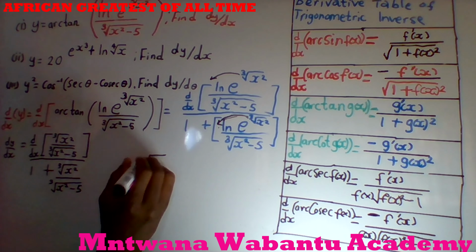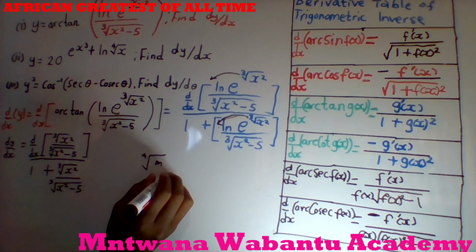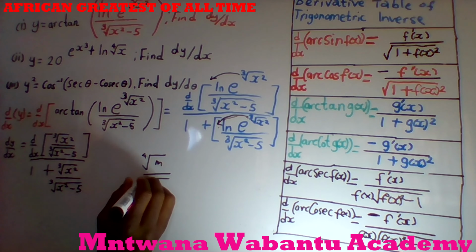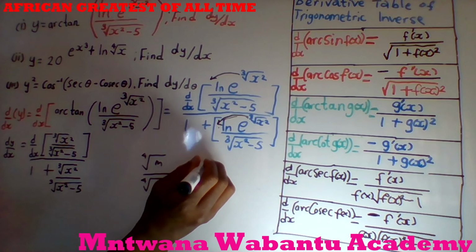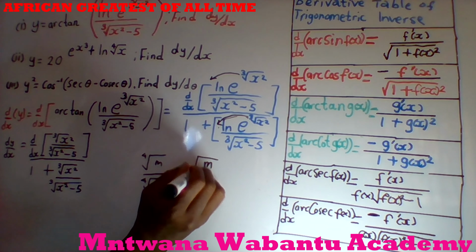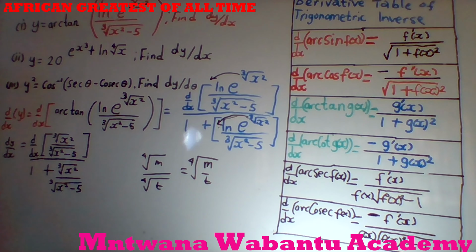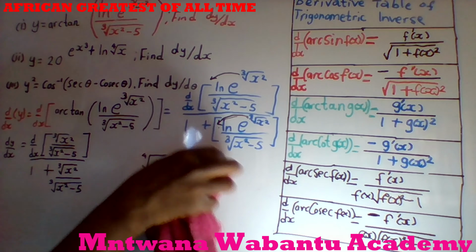If somebody gives you, let's say, the fourth root of m over the fourth root of t, you can say the fourth root of m over t, both of them power 4. So now I'm going to say root of 3, so I can put them together.